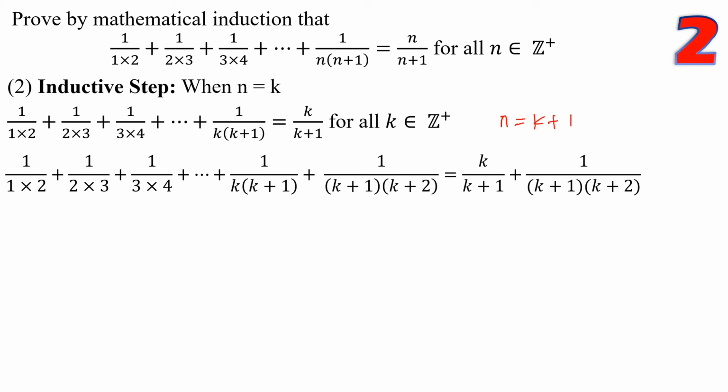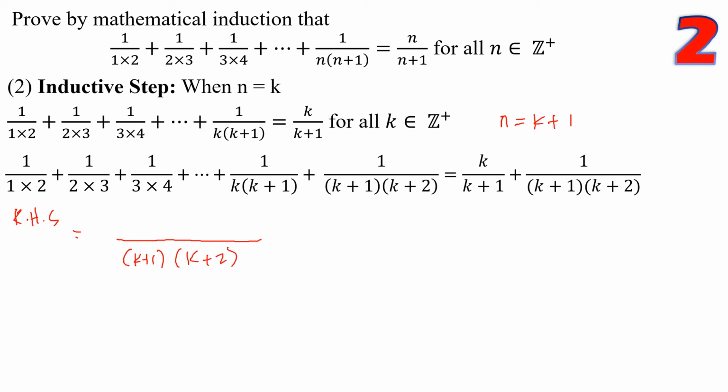This time, let us add the terms in the right hand side of the equation and show that it is equal to the right hand side of the original equation when n is equal to k plus 1. So we have our LCD as k plus 1 times k plus 2.